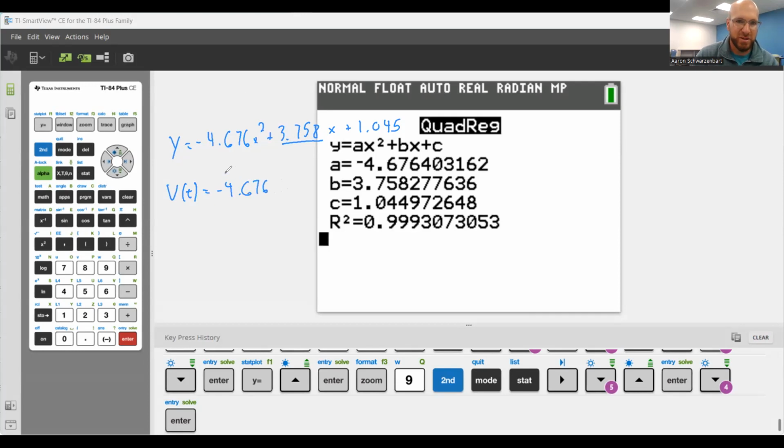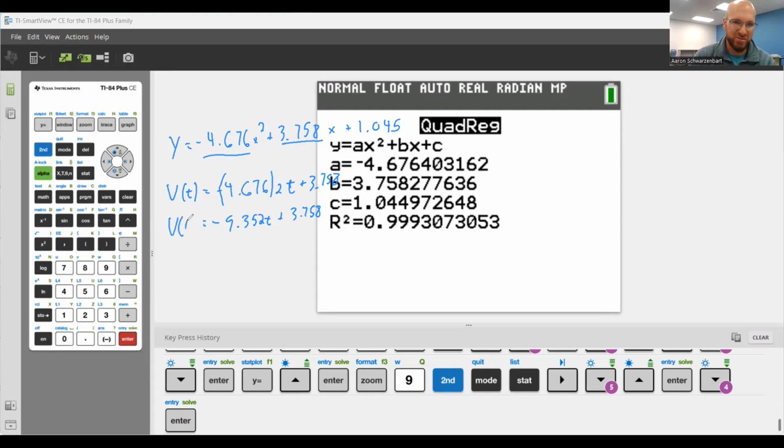Times 2. I need to multiply that by 2, because that one was 1/2 g. Times t plus 3.758, which gives me negative 9.352 t plus 3.758. And that is my velocity equation.